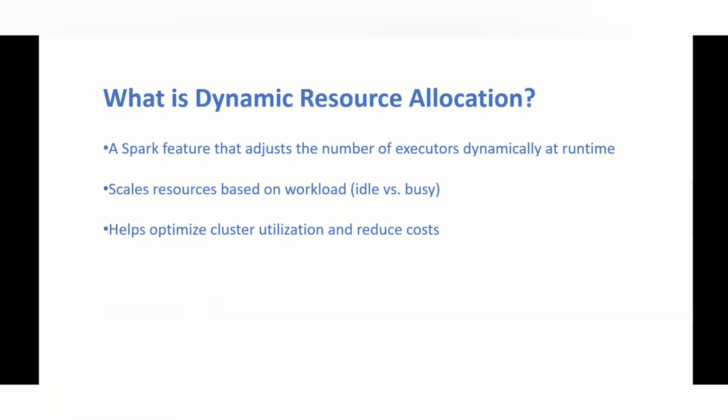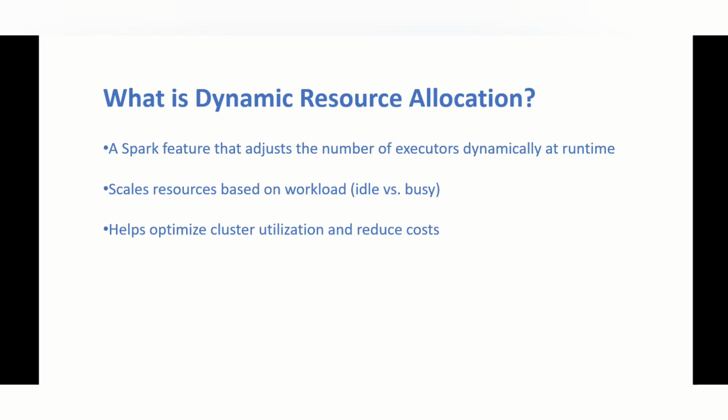So what is dynamic resource allocation? We just discussed this. Let's refresh. A Spark feature that adjusts the number of executors dynamically at runtime while Spark is running. So you have submitted your job, right? But after submitting the job, you cannot do anything from the outside.